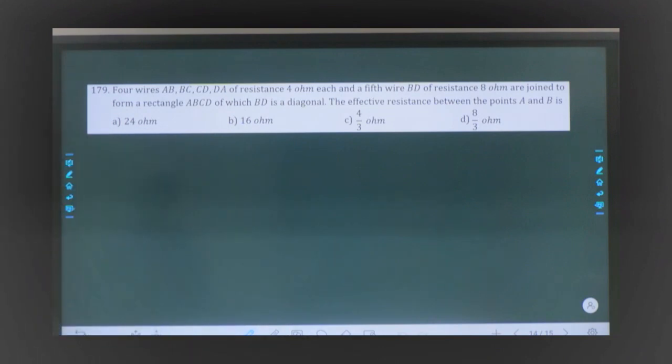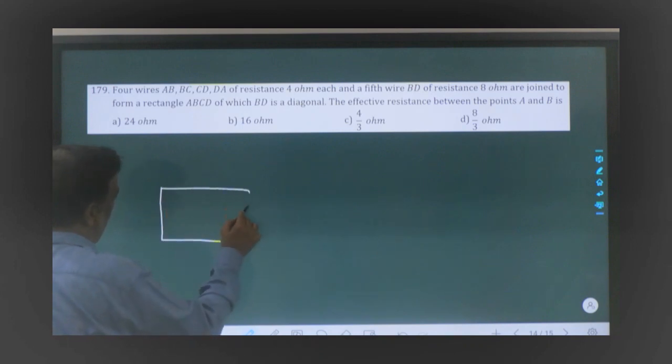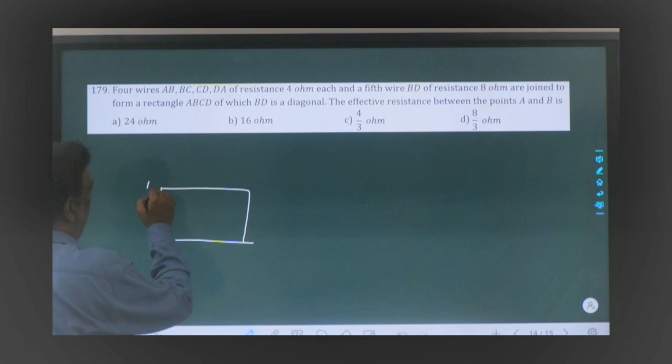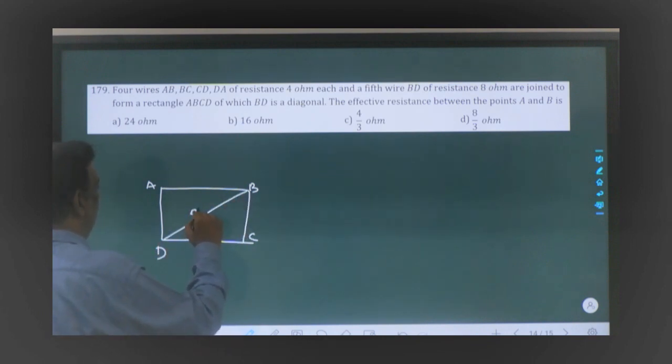4 wires AB, BC, CD, DA of 4 ohm each and a fifth wire BD of 8 ohm are joined to form a rectangle ABCD, in which BD is a diagonal. ये 8 ohm है.